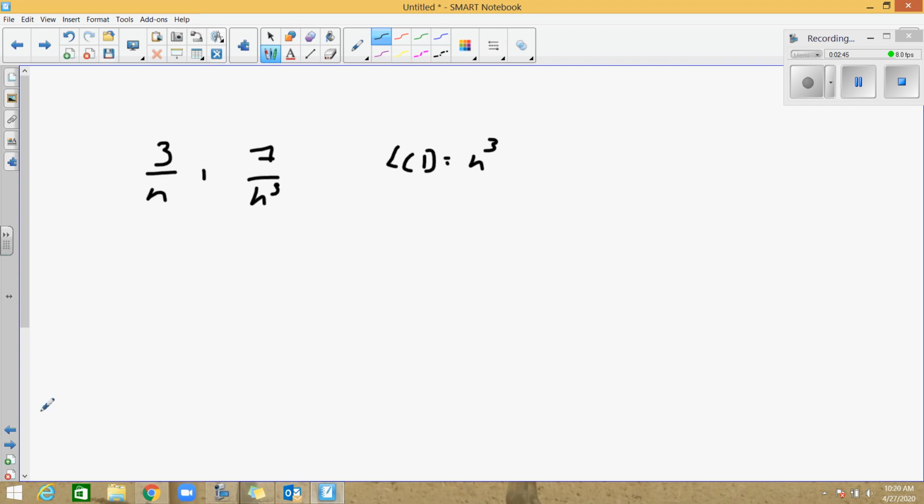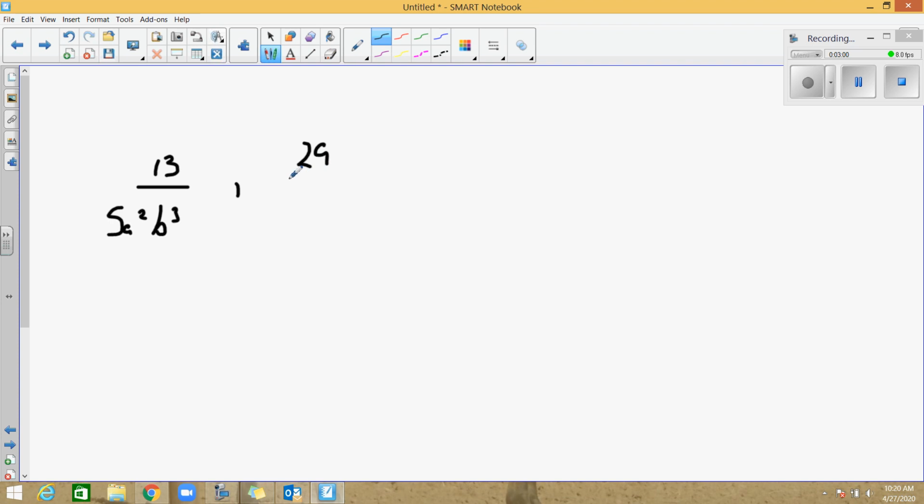Let's do one with numbers and letters, maybe. So let's look at 13 over 5a squared b cubed. And then let's look at, who cares, 29 over 15a to the 5th b.